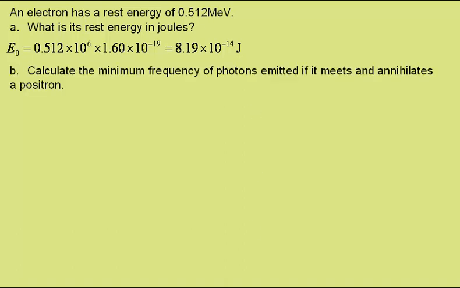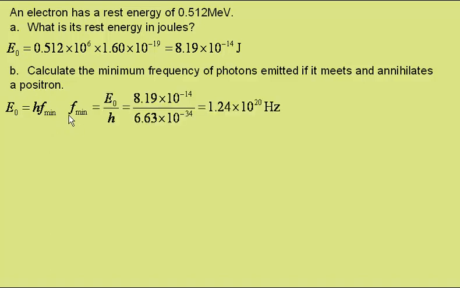Part B. Calculate the minimum frequency of photons emitted if it meets and annihilates a positron. Well, we know that the rest energy of the electron is equal to Planck's constant multiplied by the minimum frequency of the photon emitted.